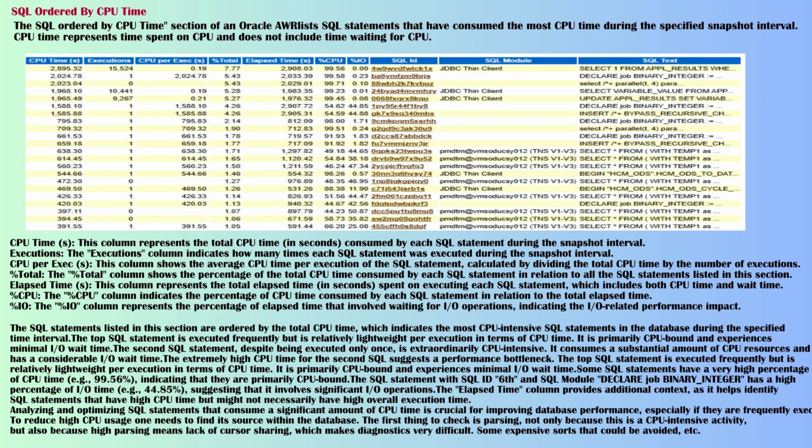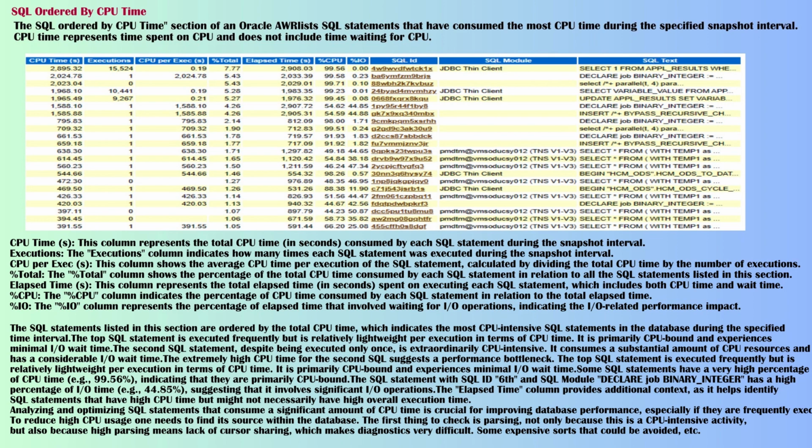It had negligible I/O wait time, 0%. The second SQL statement follows closely with a CPU time of 2,024.78 seconds, was executed only once, and has an extremely high average of 2,024.78 seconds of CPU time per execution.